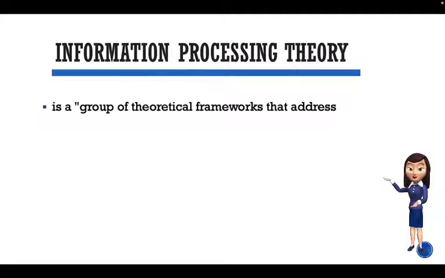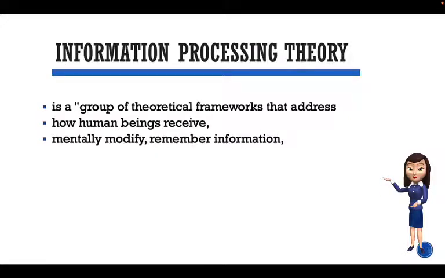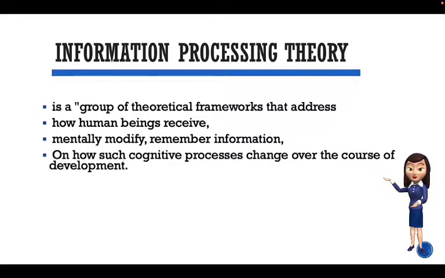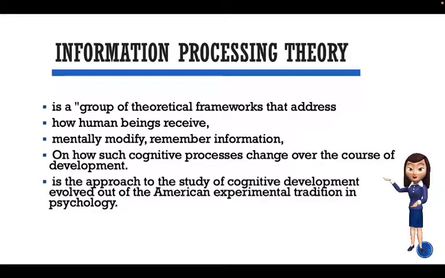Information processing theory is a group of theoretical frameworks that address how human beings receive, mentally modify, and remember information, and how such cognitive processes change over the course of development.